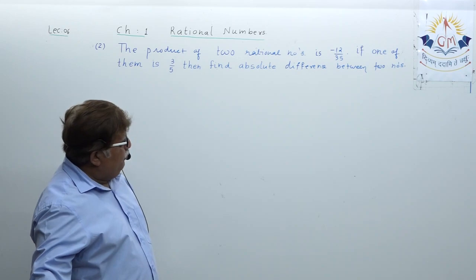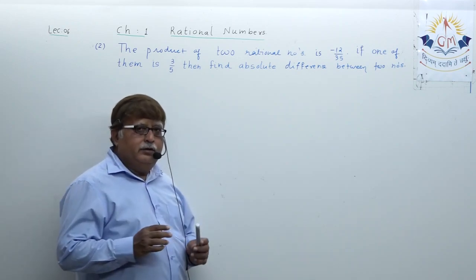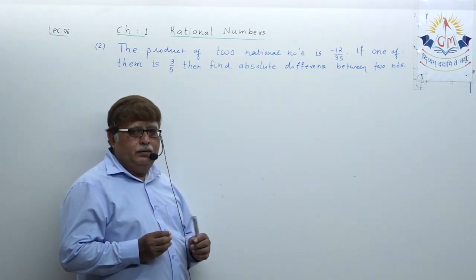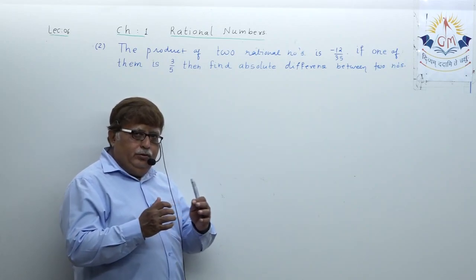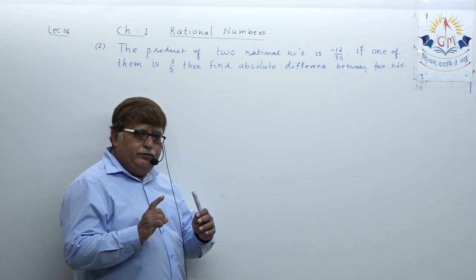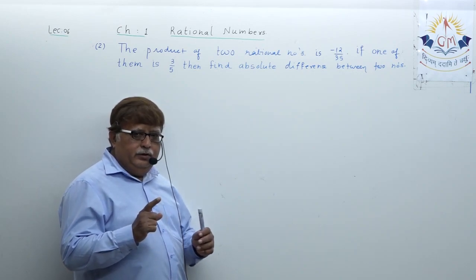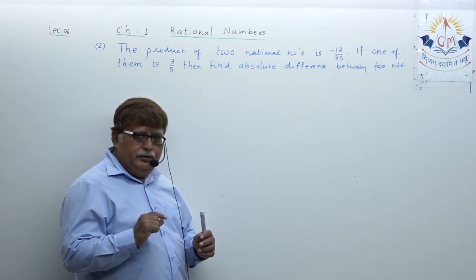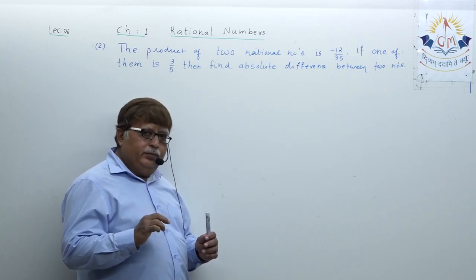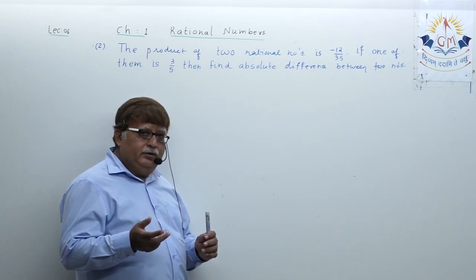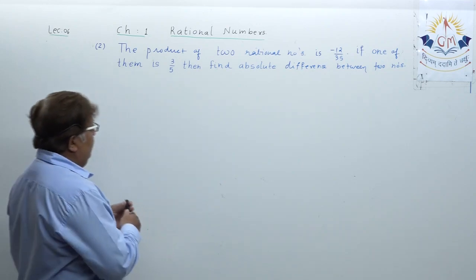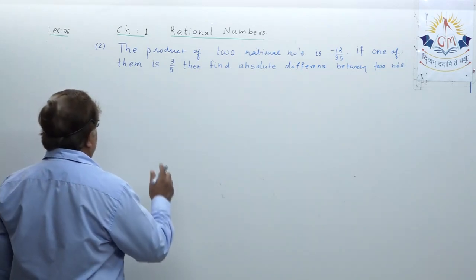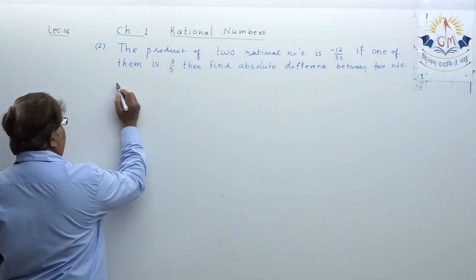So this particular example we will divide into two parts. First, finding the other rational number. Second part, finding the absolute difference. Okay. So dear student, how will you move?